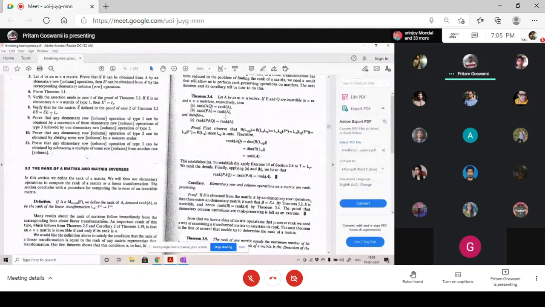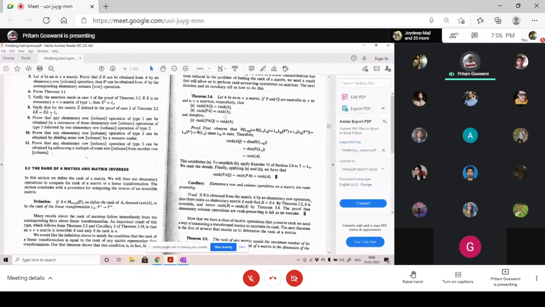Clear? The statement, is it clear? Shall I state it again? Basically, suppose you are given a matrix A and you know the rank of the matrix.